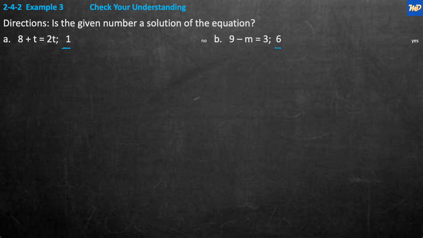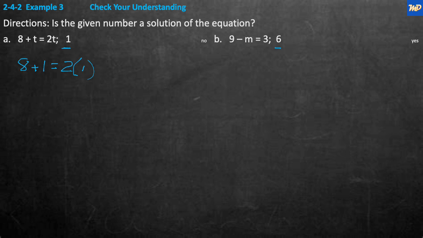Okay, now that you're back and you're done with doing your work, let's take a look at it. So we're going to take the equation 8 plus t, that's our variable, is equal to 2t. And we're going to find out if this statement is true with 1 being substituted. So we're going to write 8 plus 1, we substitute 1 for the t, is that equal to 2 times 1?